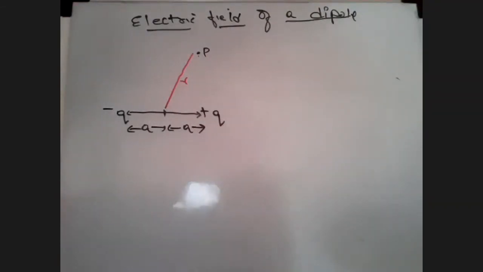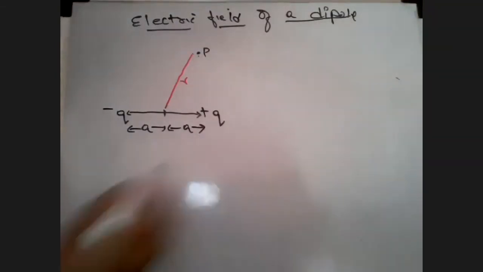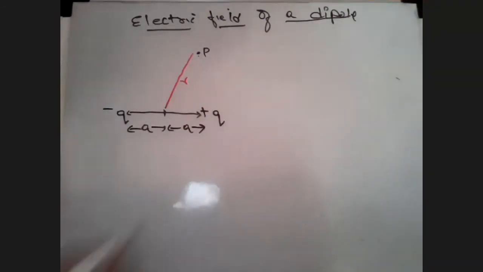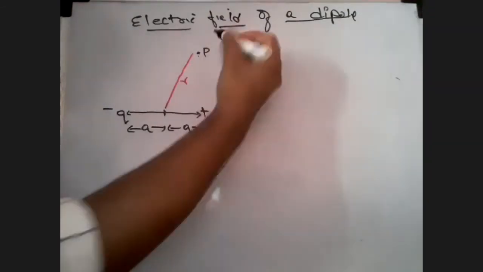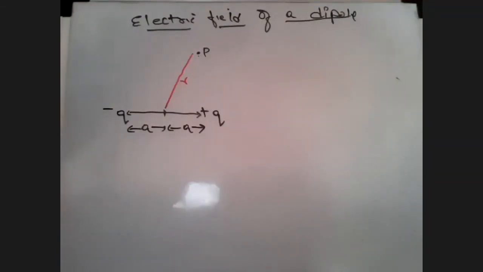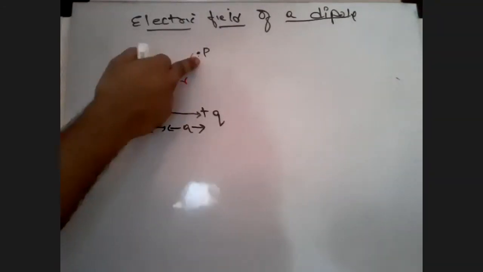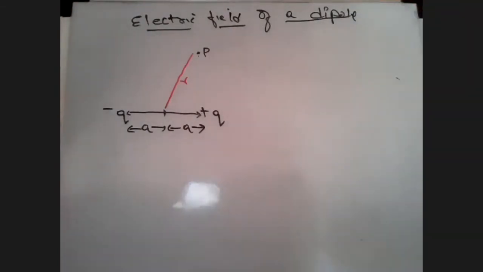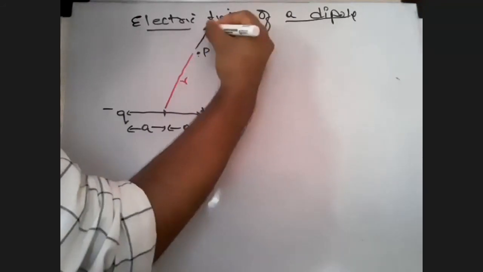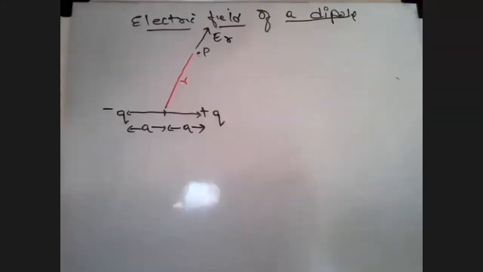Considering this to be a system of charge for now, in what direction will the electric field intensity due to q be? In radial direction, so it will be something like this. I can write er.